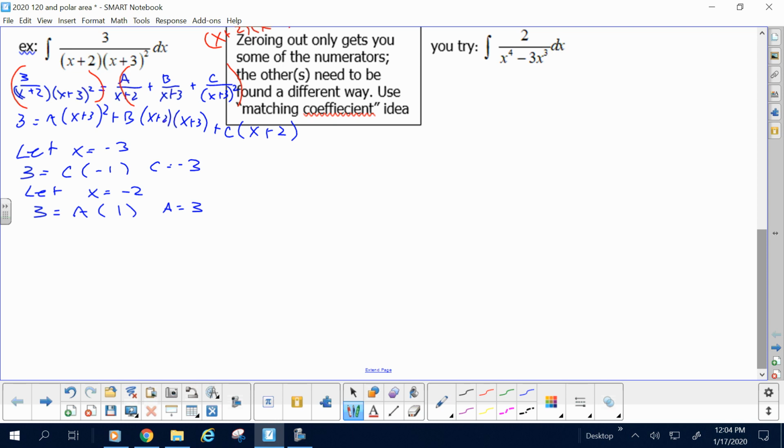So, would you consider then that if I distributed all this out, I would have A times some x squareds and x's and constants, B times some x squareds and x's and constants, you with me? And C times some x's.